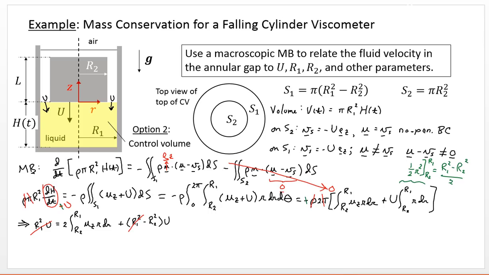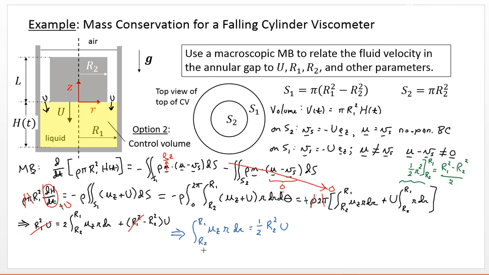Therefore, if we put everything together and just bring this minus R2 squared U to the left-hand side and divide by 2, we find the same result as using the previous control volume, namely the integral from R2 to R1 of uz r dr is equal to 1/2 R2 squared multiplied by capital U. The same result we found using the other control volume.